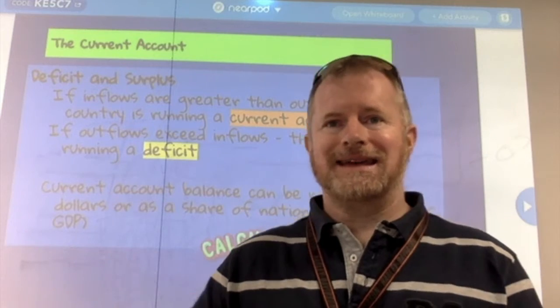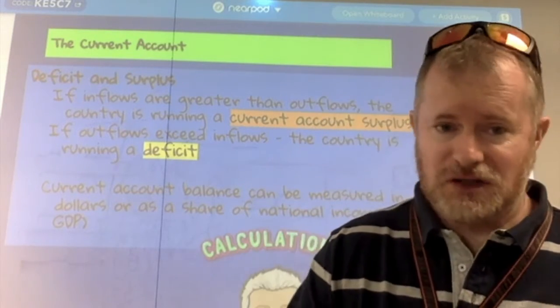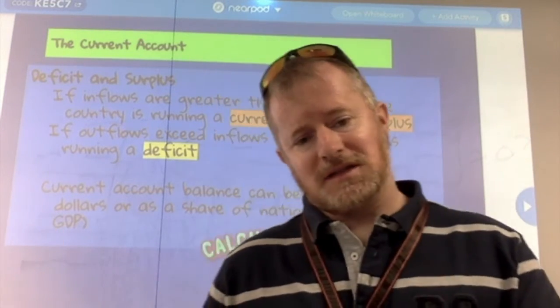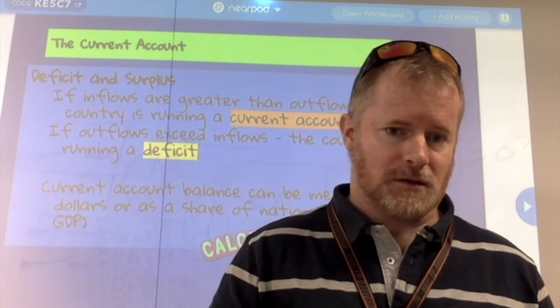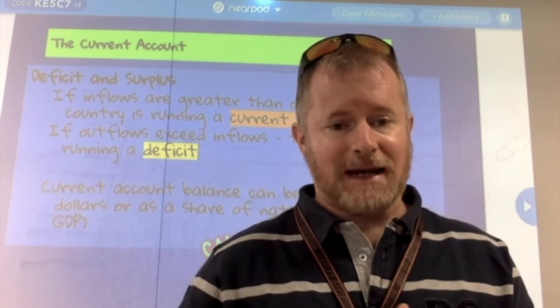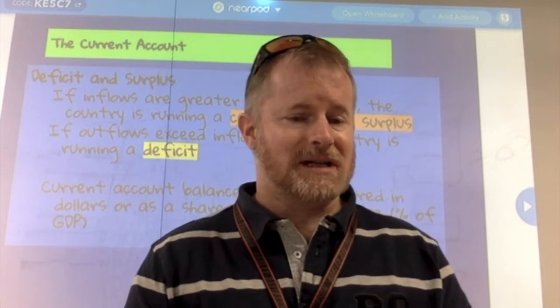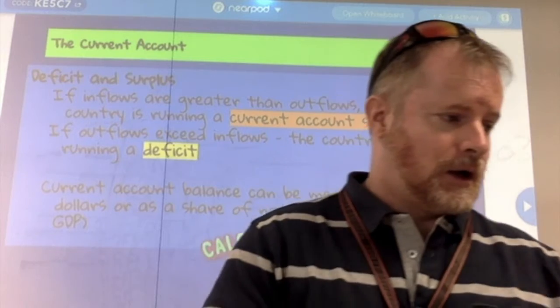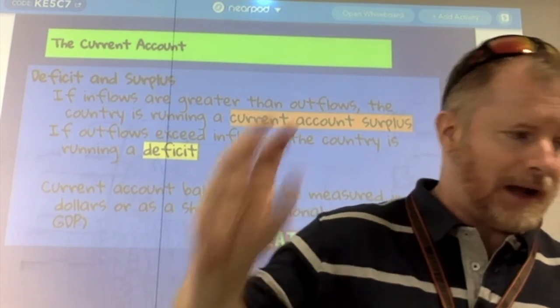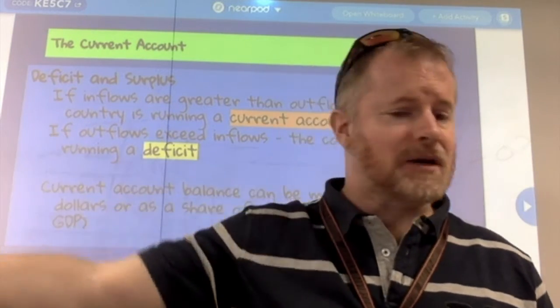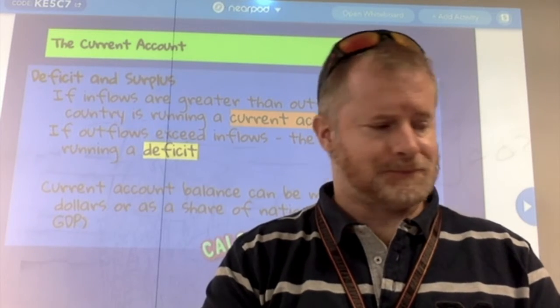Now, yes, countries do have debts, absolutely. But that's not the same as a trade deficit. A trade deficit can create debt in a country, but a trade deficit, strictly speaking, is just where your outflows are bigger than your inflows. Okay?